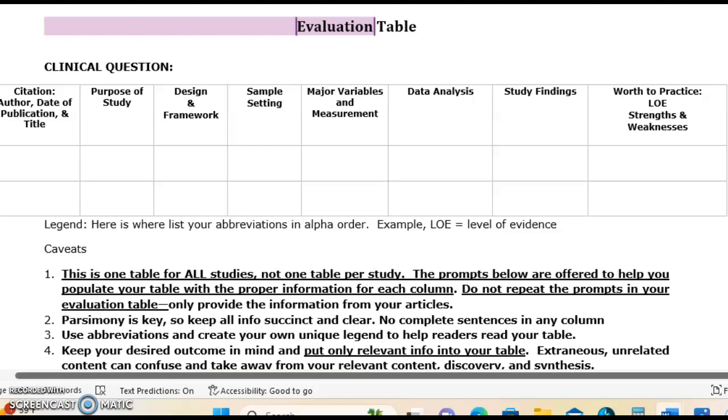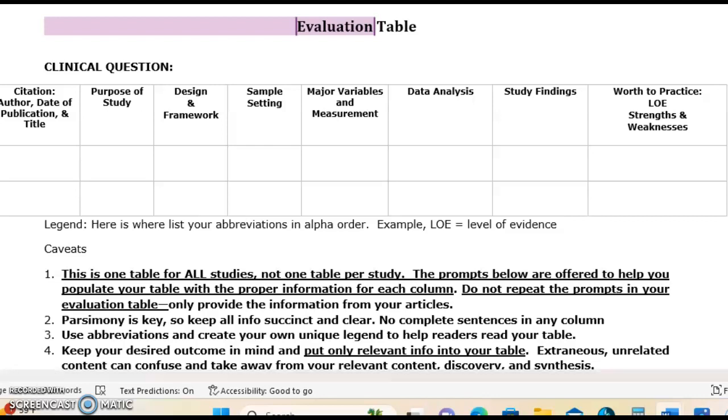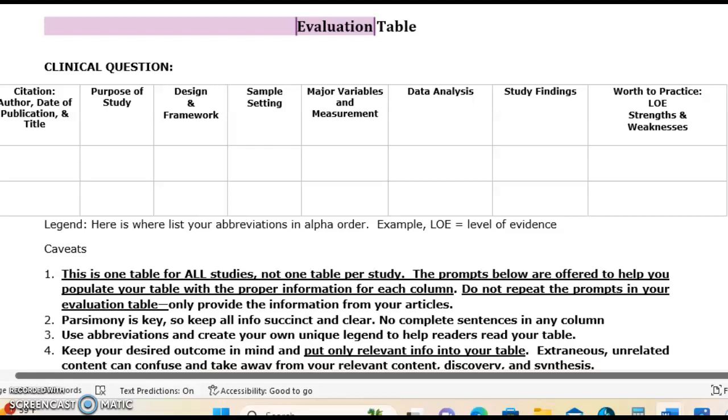Remember, the strength cannot be determined solely by design. We must look at the study completely because we could have a strong design, for example, a randomized controlled trial. However, even a study with a strong design could have weaknesses, for example, a small sample size.